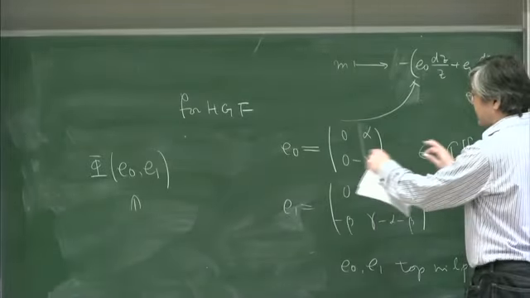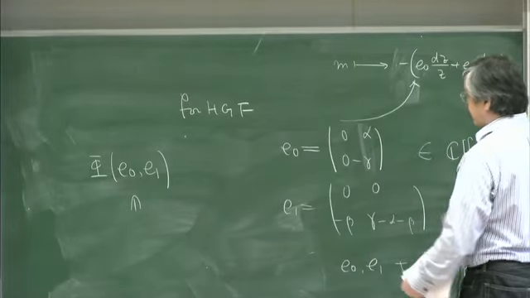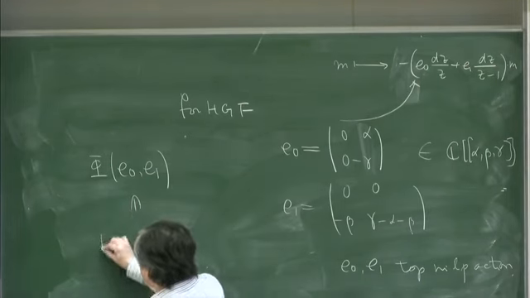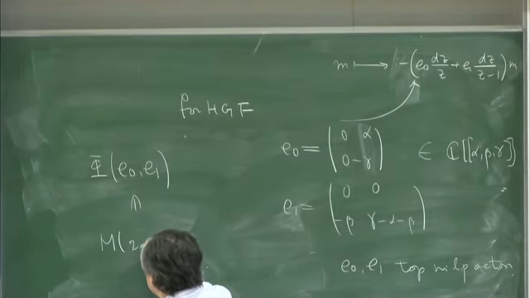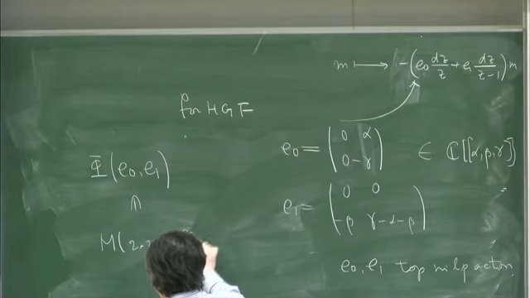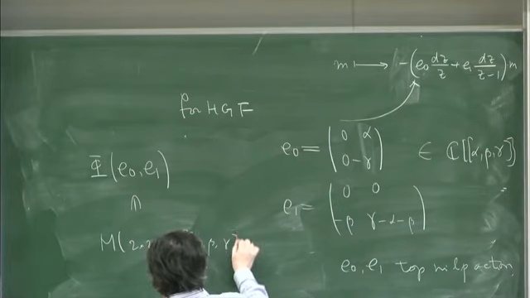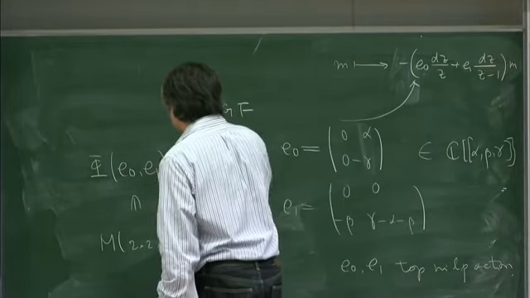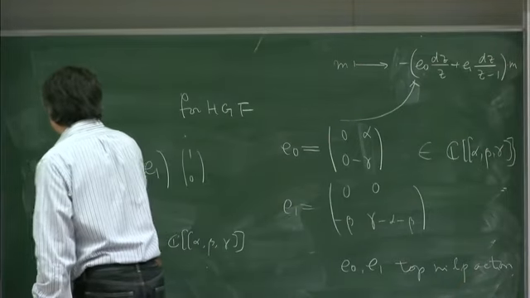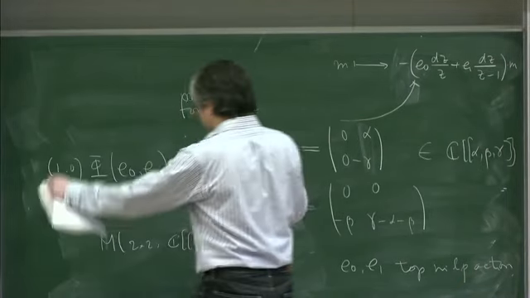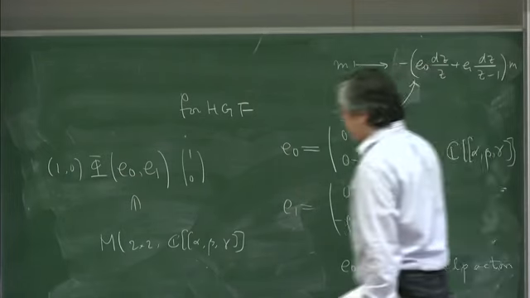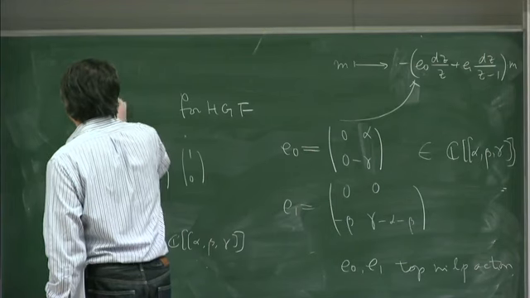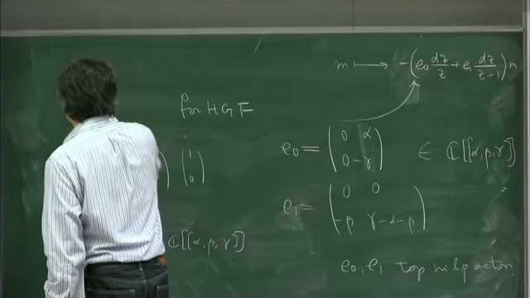Therefore, the composite has multiplication is also a 2 by 2 matrix, and this is contained in M 2 by 2 matrix with coefficient in C alpha, beta, gamma. Okay, and we evaluate some two vectors. Then this becomes an element in C alpha, beta, gamma.